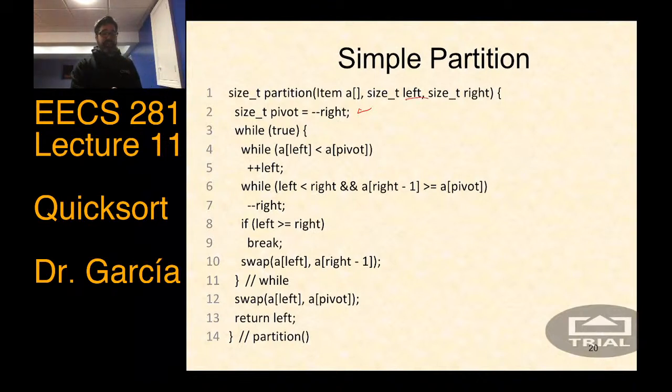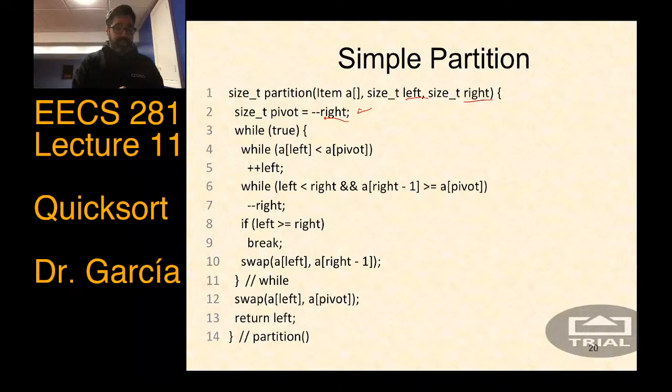Notice that the minus minus right here is to the left of the right variable, so the decrementing is going to occur before the assignment to pivot. Okay, so this is choosing our pivot as the rightmost element in the section.